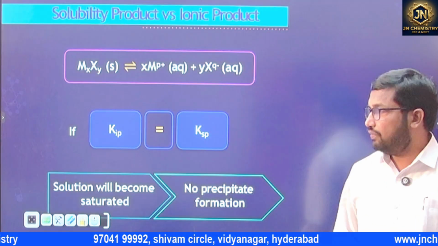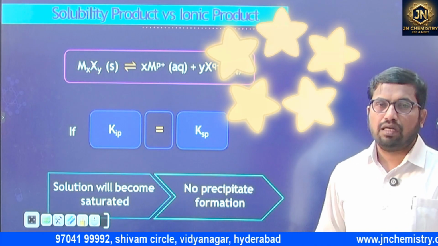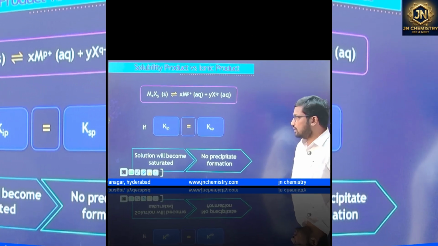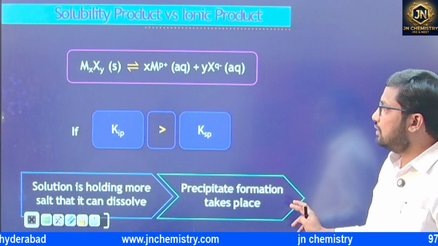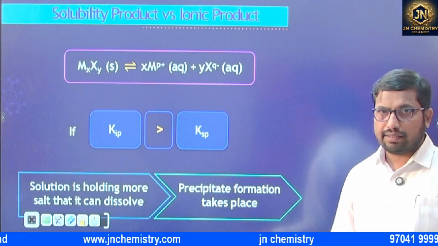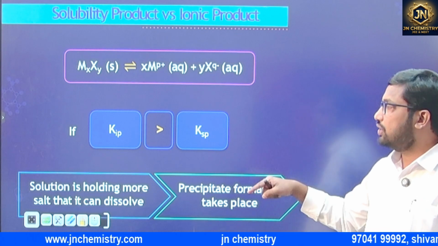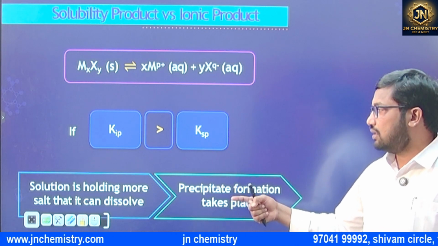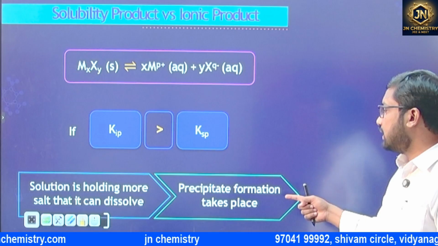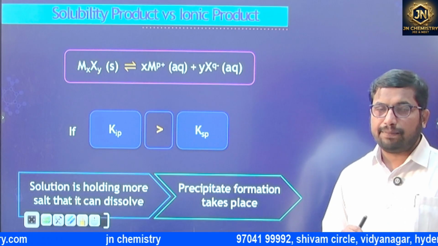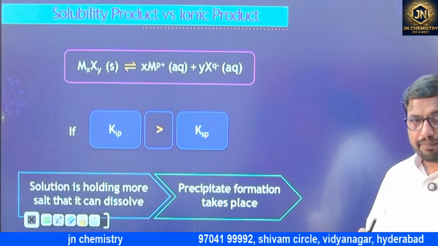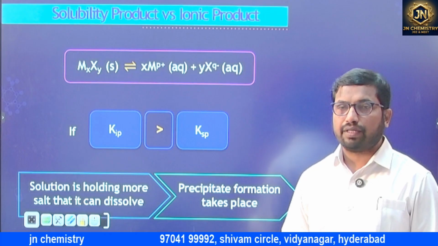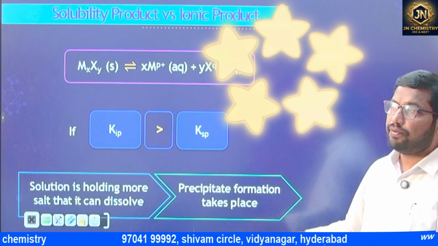If ionic product is greater than solubility product, the solution is holding more salt than can be dissolved, so precipitation takes place. Very important, write it down.